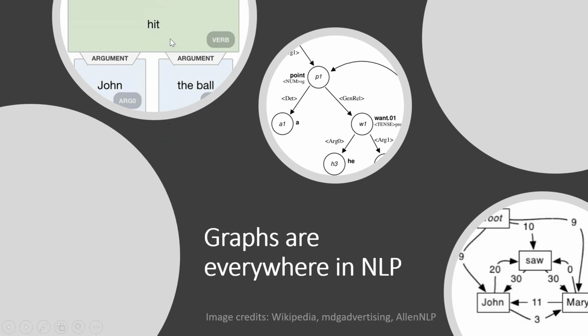So there are dependency graphs; this is an example from AllenNLP. They have a very nice example of dependency graphs and how each of the words is linked with other words, right? The verb, preposition and prepositional phrases are linked to each other. So those are actually formulated using dependency graphs.